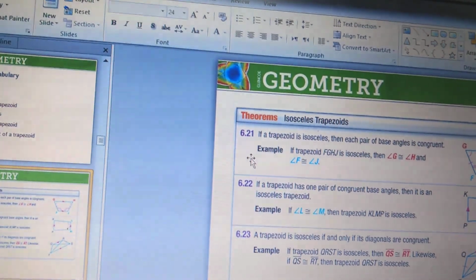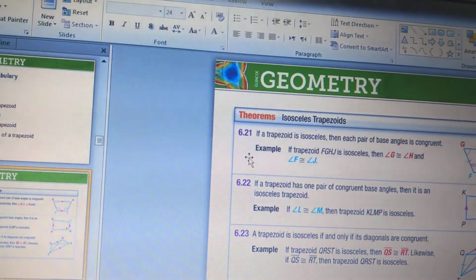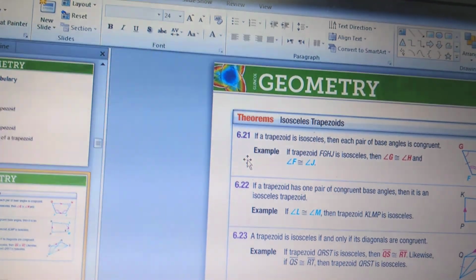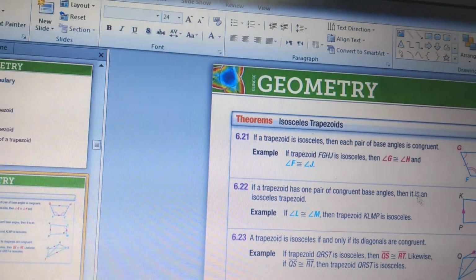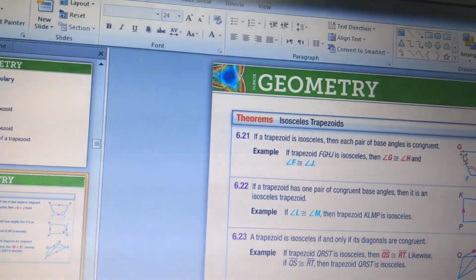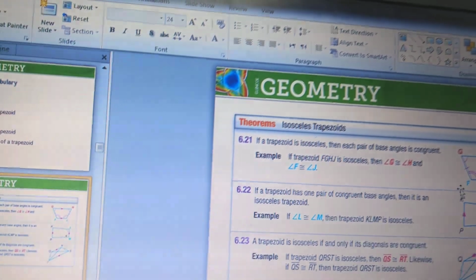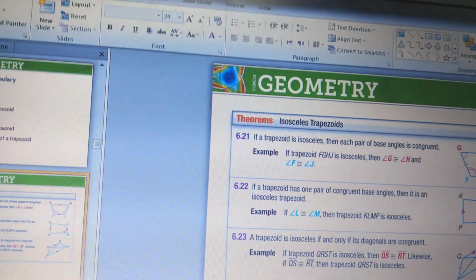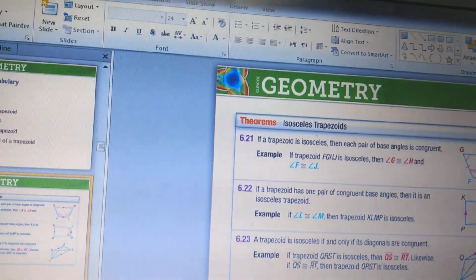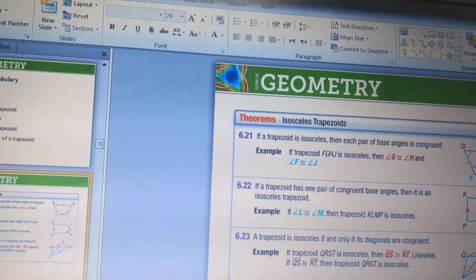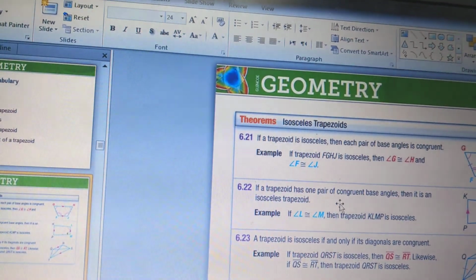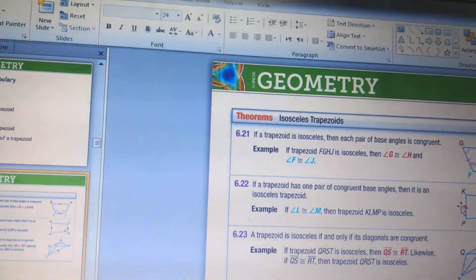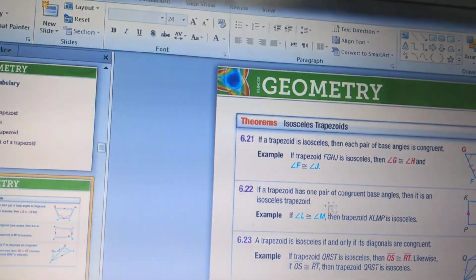First property, if a trapezoid is isosceles, then each pair of base angles is congruent. As I said, angle G is congruent to angle H, angle F is congruent to angle J. The converse of this property, if a trapezoid has one pair of congruent base angles, then it is an isosceles trapezoid.